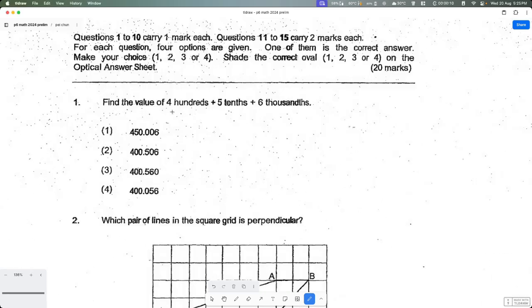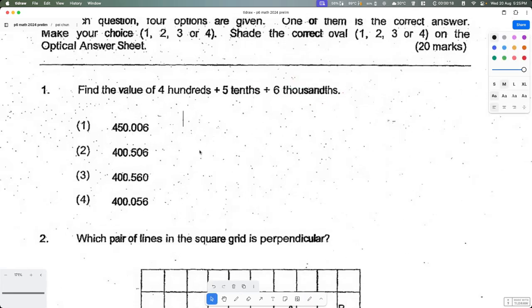Find the value of 400s, 5 tenths, and 6 thousandths. I'm going to write this down. 400s is equal to 4 times 100, which is 400. And then 5 tenths is equal to 5 times 0.1, which is equal to 0.5.